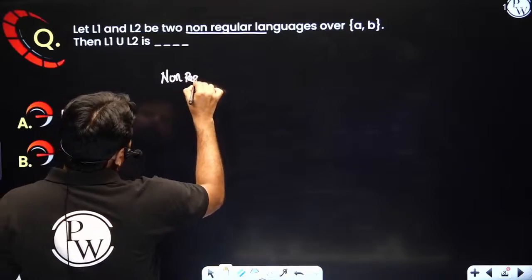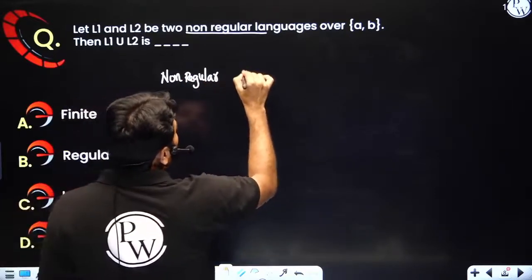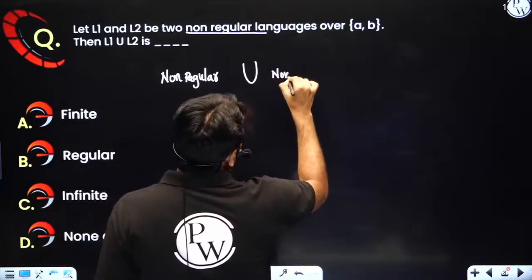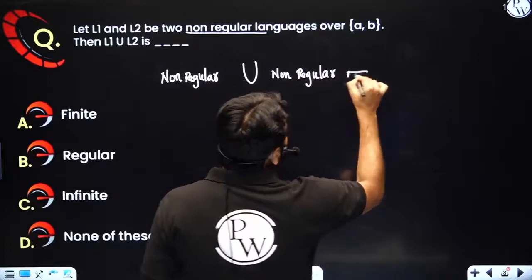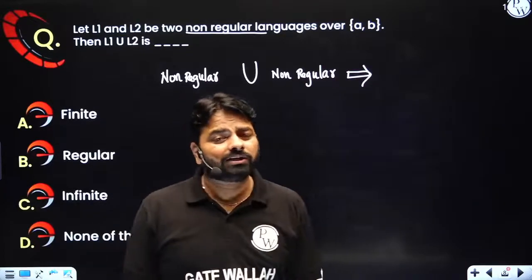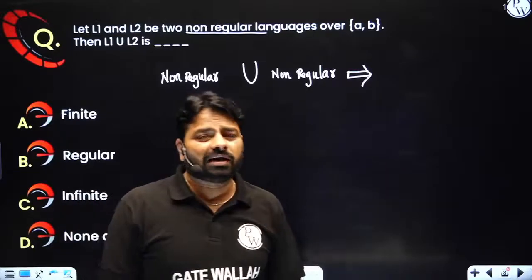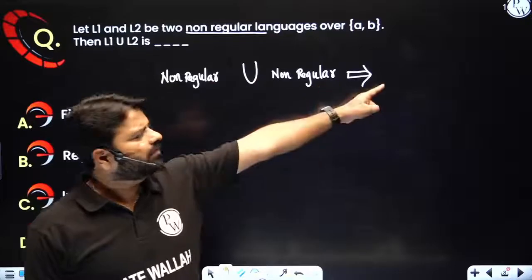Non or not, both are the same. Non-regular set union another non-regular set. What is the result? You have seen so many non-regular languages while identifying regular languages. Now, non-regular union non-regular: is it always non-regular?